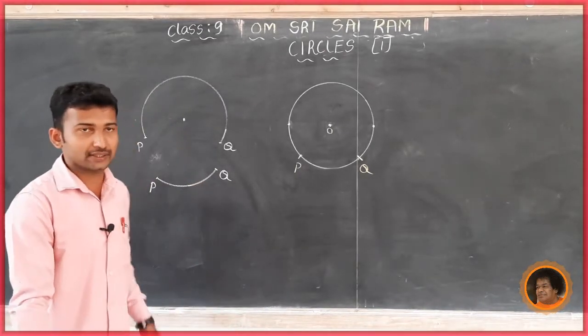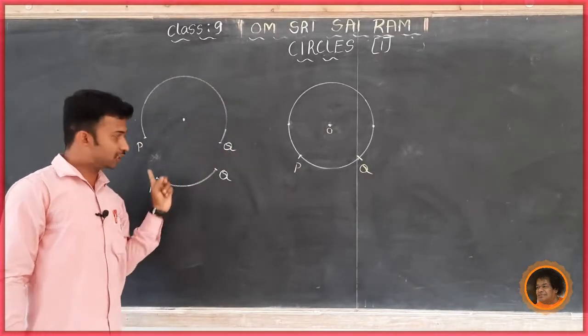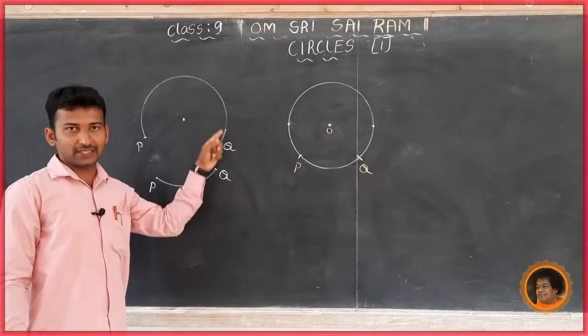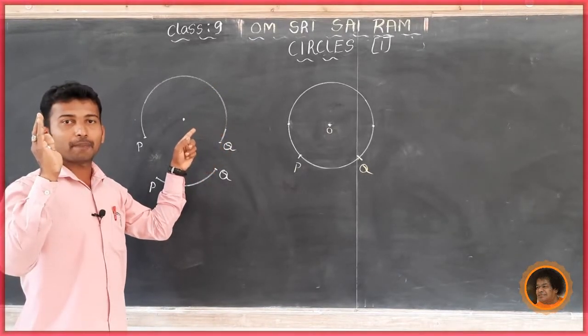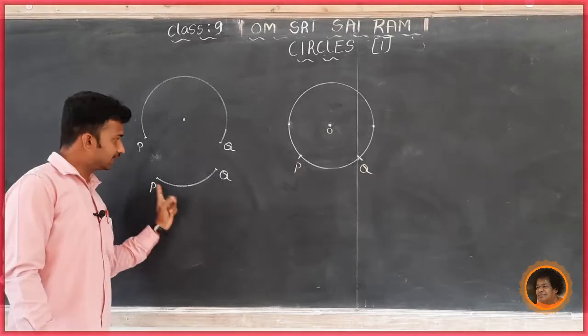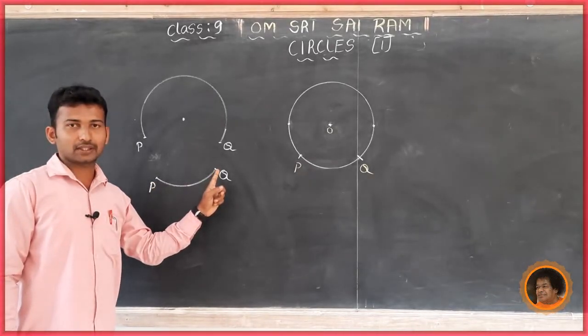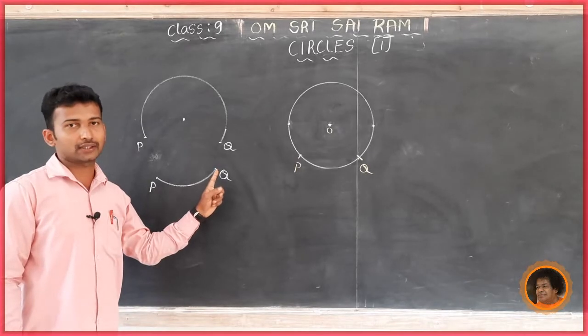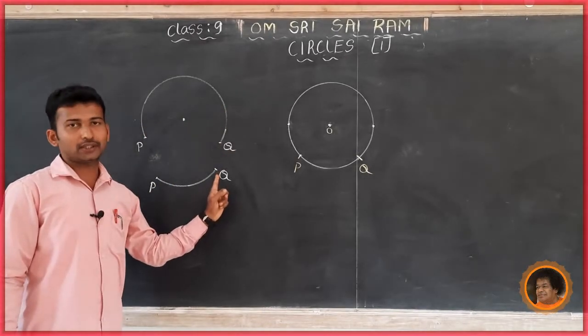There are 2 pieces, the longer one and the shorter one. The longer piece is called the major arc, and the small piece is called the minor arc.